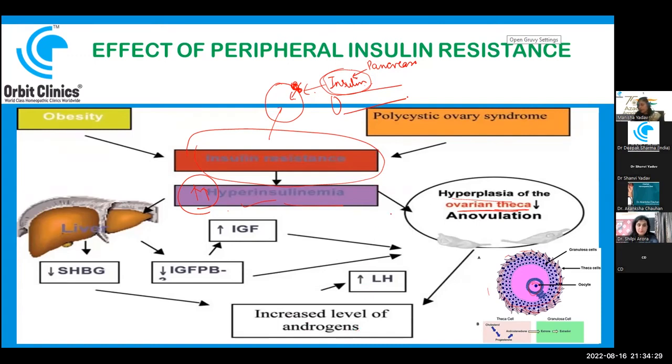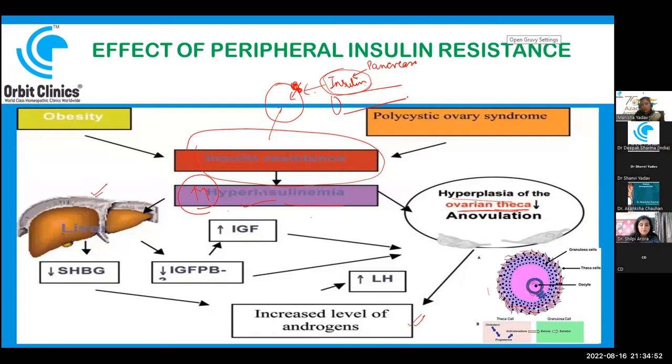So this is one way through which increasing insulin resistance and insulin level lead to increased androgen in the body. Now the second way through which it increases androgen is its action on the liver.